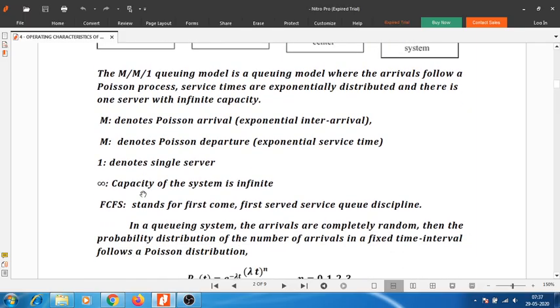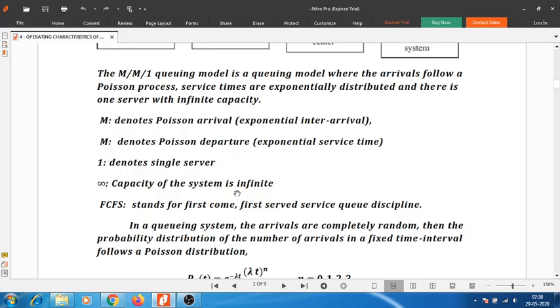The capacity of the system may be finite or infinite, but in this model we fixed it as infinite. The queue discipline is first in first out. So the first M denotes Poisson arrivals, the second M denotes Poisson departures or exponential service times, 1 denotes a single server, with system capacity infinite and first in first out discipline.